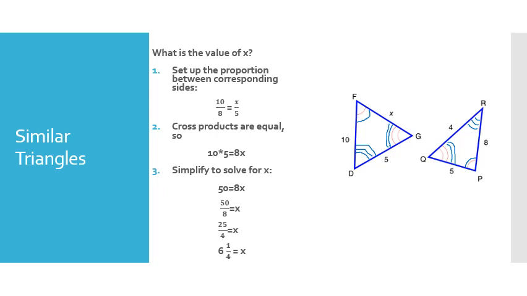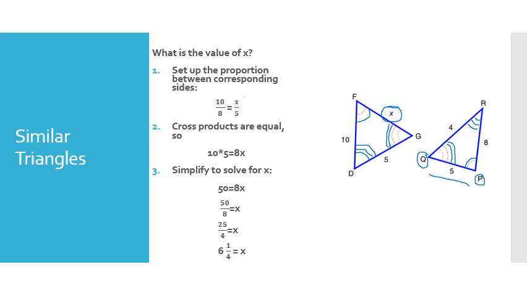We just have to figure out which side goes with which side because we want to set up X with its corresponding side. Now X is between F and G, and I said that F corresponds with P and G corresponds with Q. So the corresponding side to X is going to be this side that's equal to 5.